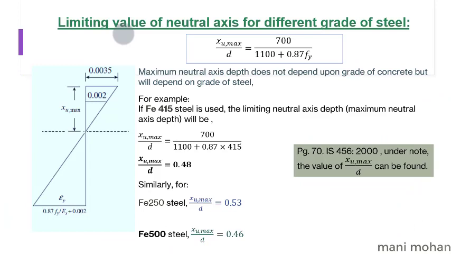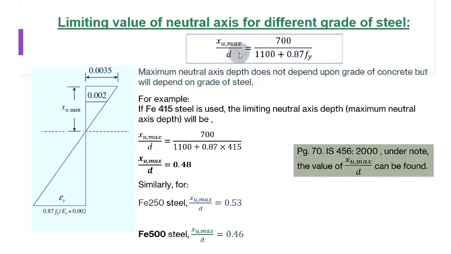Now we will calculate limiting value of neutral axis for different grade of steel. If we see the formula for the maximum neutral axis depth, we can see that this limiting value of neutral axis does not depend on grade of concrete, but yes, it does depend on grade of steel.